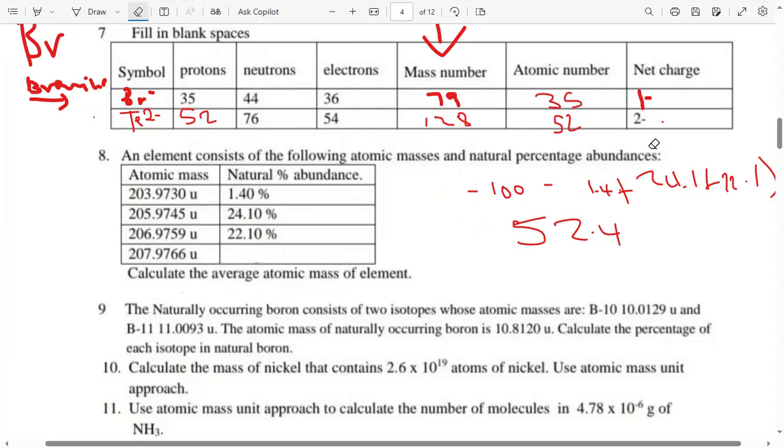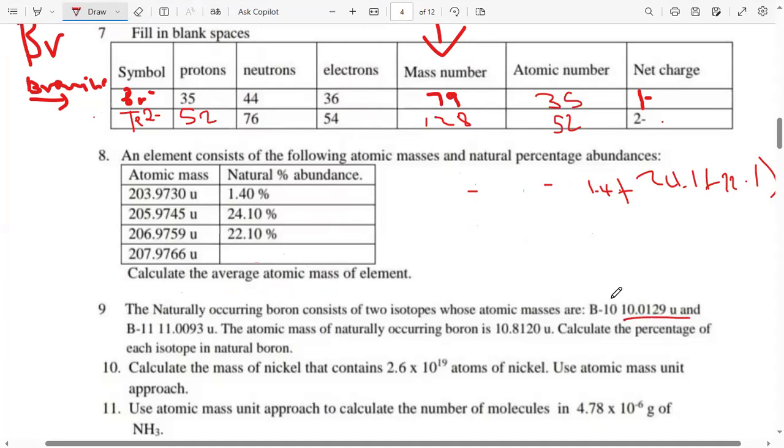Okay, so that's how you can handle a question on average atomic masses. Just know the formula of the percentage abundances, and then you can calculate them. So you can see here we are given the atomic masses.